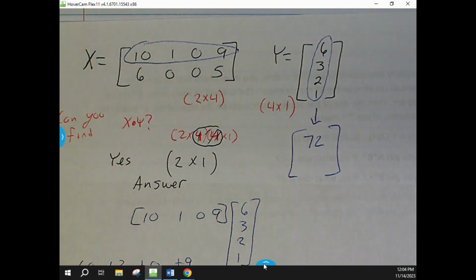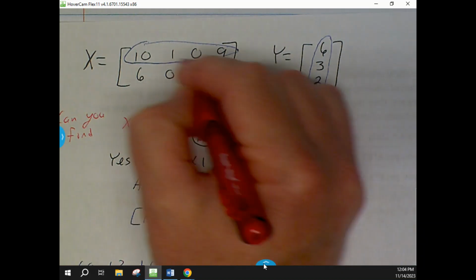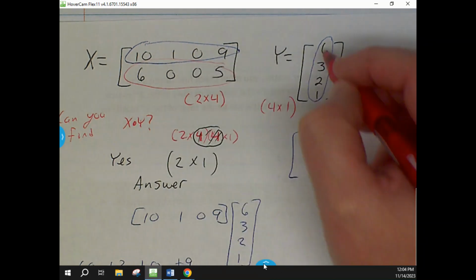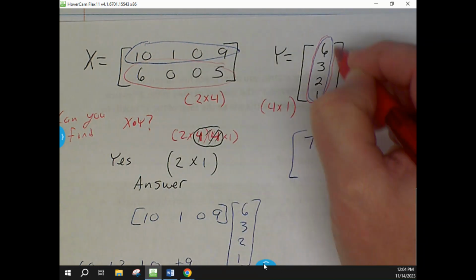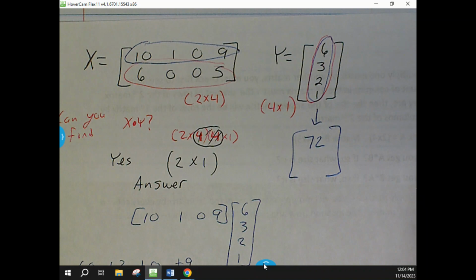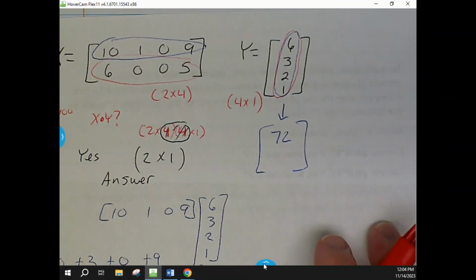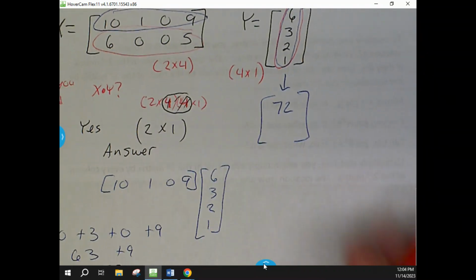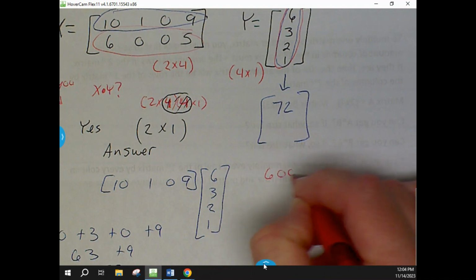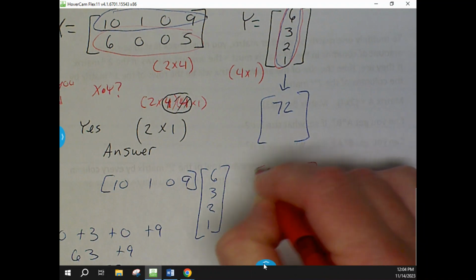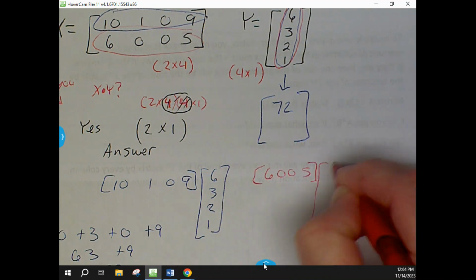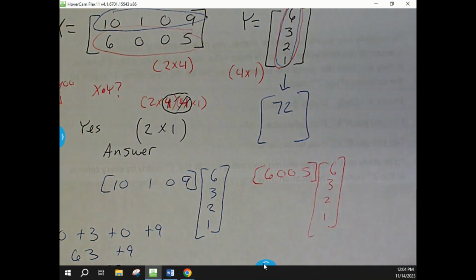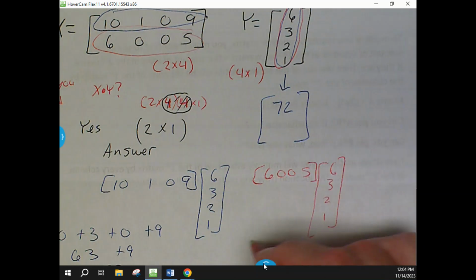To get the second answer, now we're going to take 6, 0, 0, 5 and multiply it by 6, 3, 2, 1. So we're going 6 times 6 for 36.